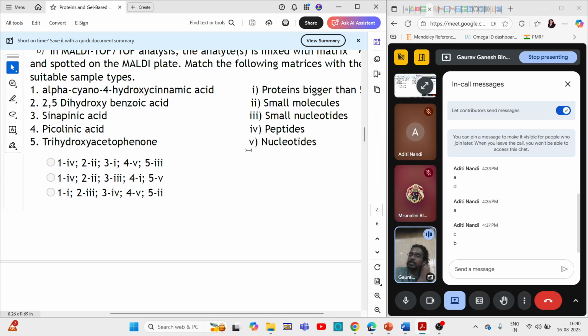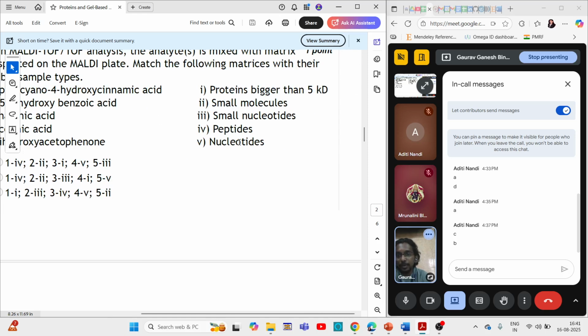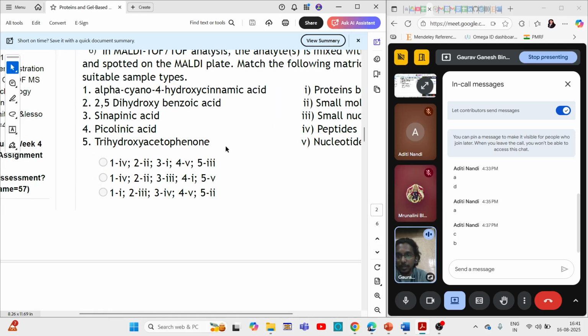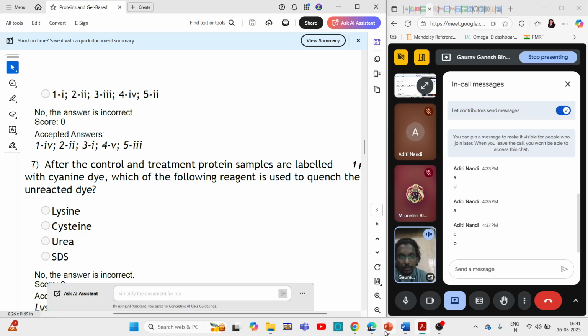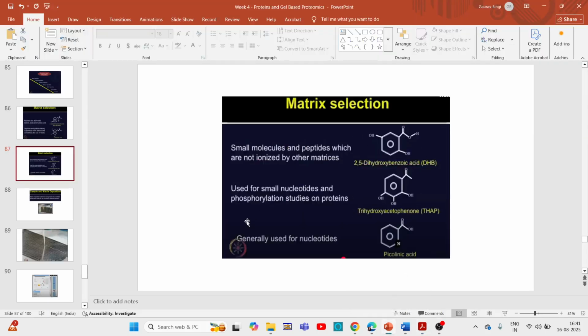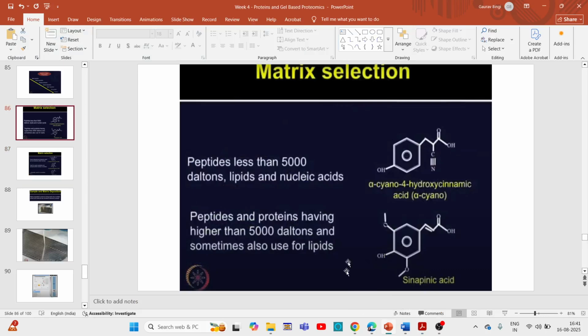Picolinic acid matrix is used for small nucleotides, whereas this is used for nucleotides generally, and trihydroxyacetophenone is used for small nucleotides. So you'll have to remember them. These are different matrices, and depending upon the protein of interest, different matrices are used in multiplate. So if you go through these and remember them, it is easier to answer.